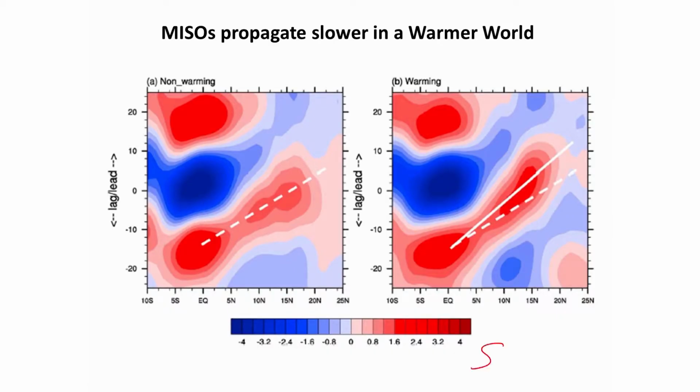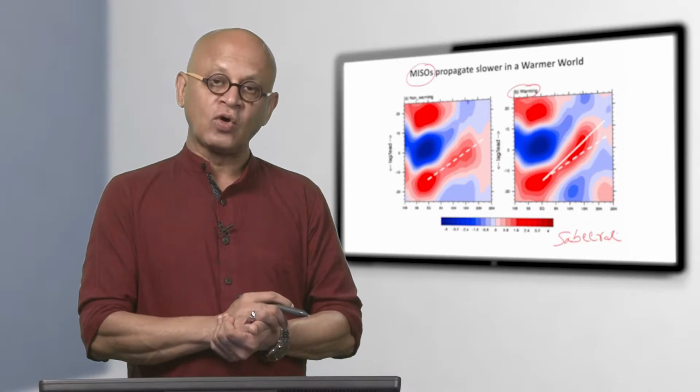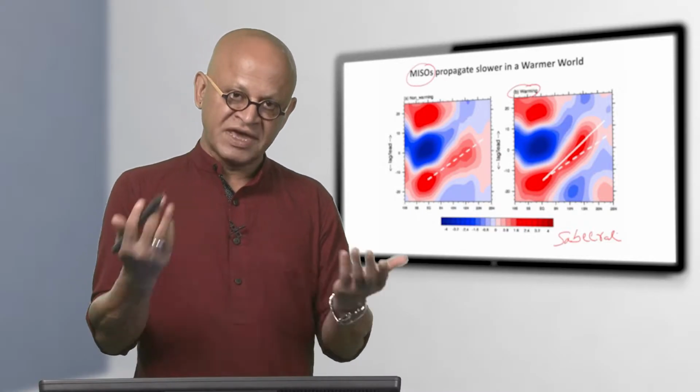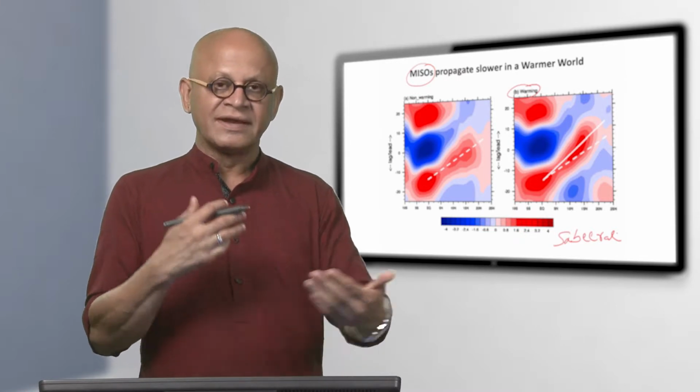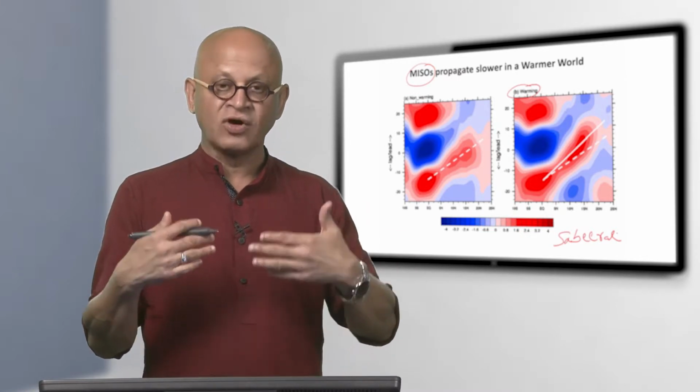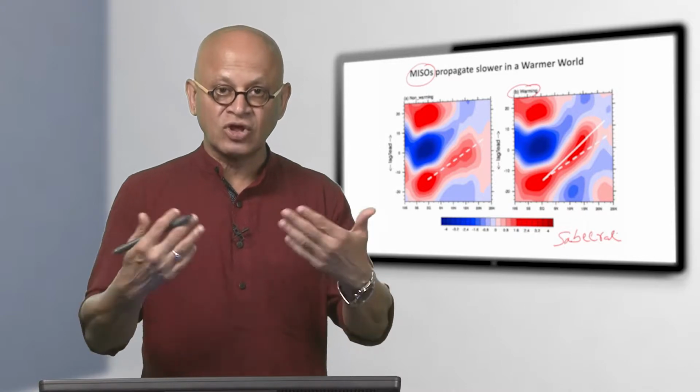What else has changed? This study, also by Sabir Ali and his colleagues, shows that with the warming, the so-called MISOs, or the northward propagating systems that we talked about, have also changed, which makes sense because they are all related to each other. The onset is related to the northward propagation.